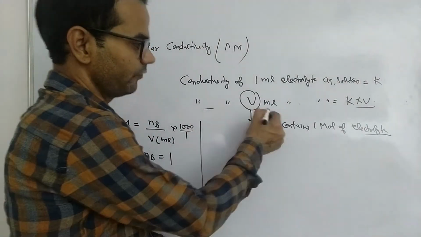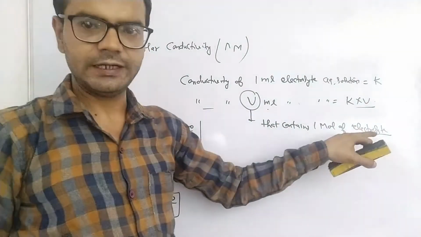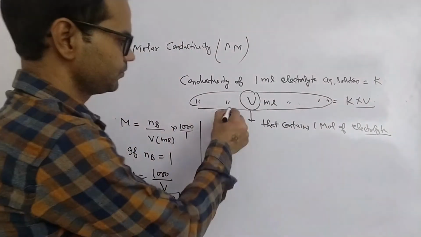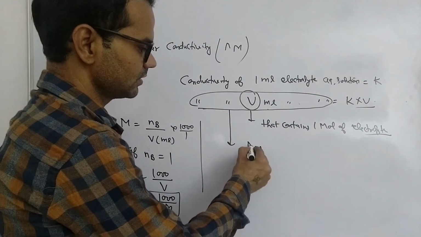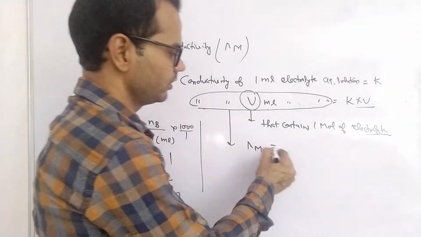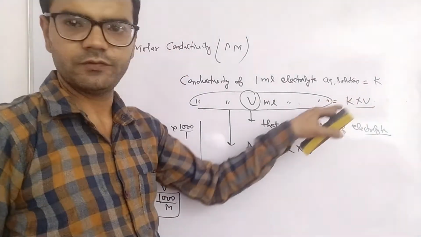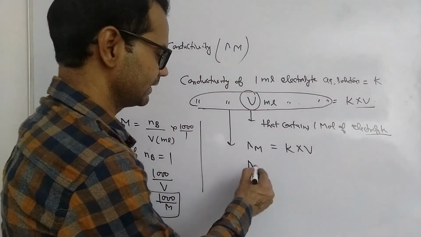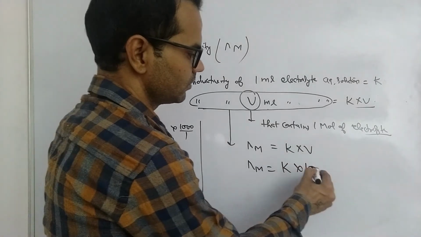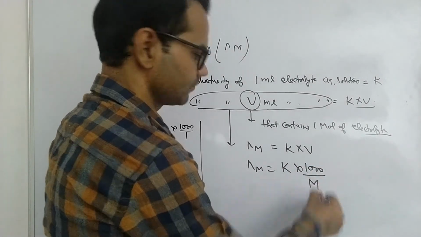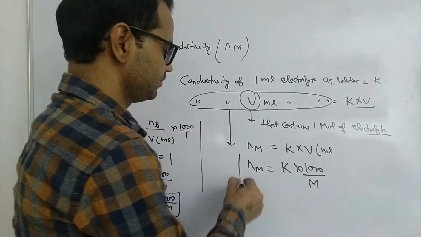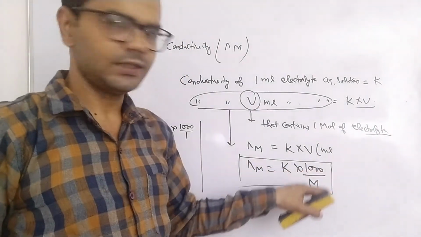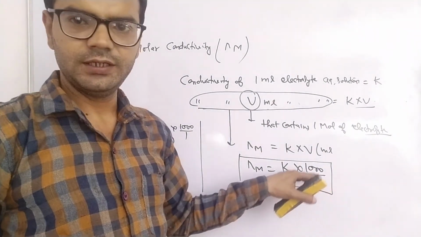Conductivity of V ml that contains 1 mole of an electrolyte is called molar conductivity. So molar conductivity equal to K into V, and V is 1000 by M. So molar conductivity equal to K into 1000 by M. K is conductivity, and M is the molarity or concentration of an electrolyte.